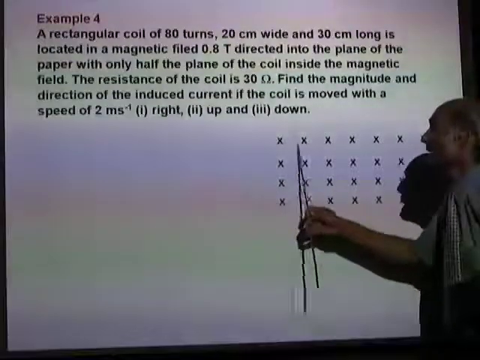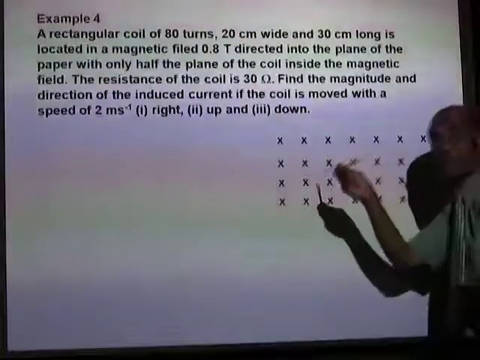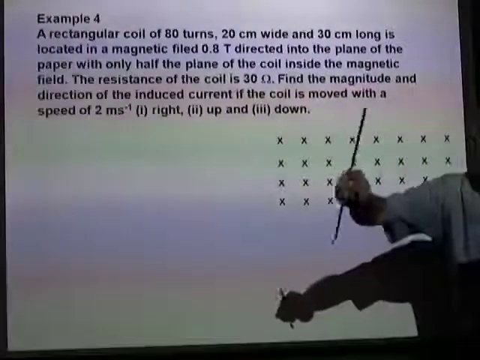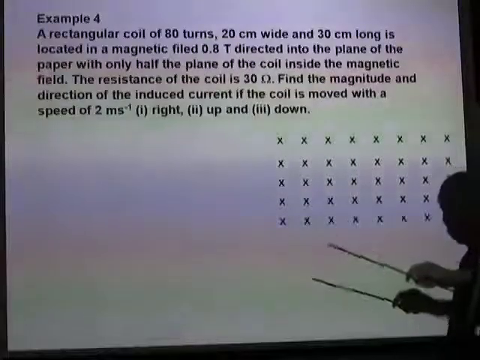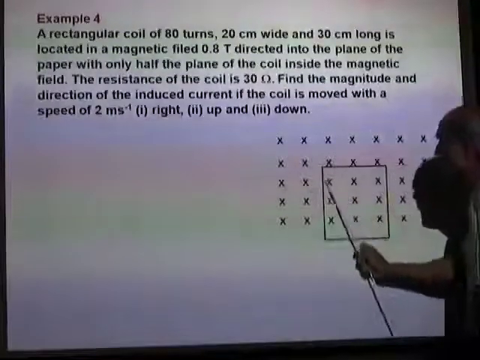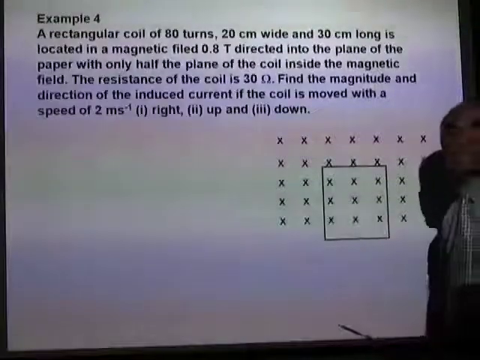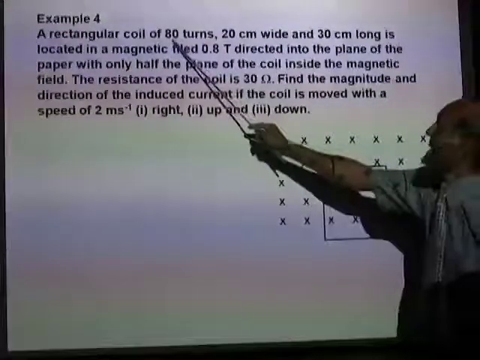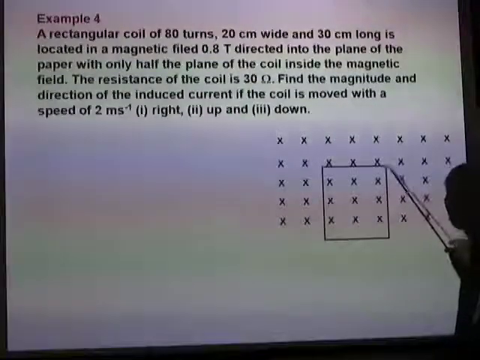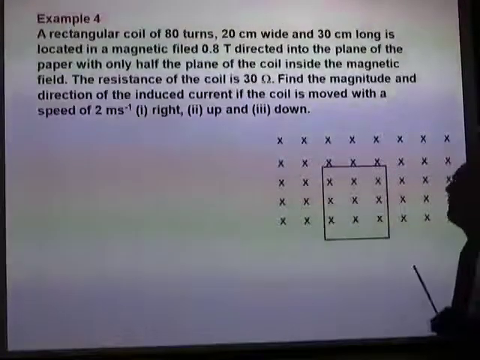You can see we use X's to show the field is going into the board, and we will use dots to show the field is out of the board. So this is a magnetic field that is going into the board, and here is the rectangular coil of 80 turns, 20 centimeter wide and 30 centimeter long.